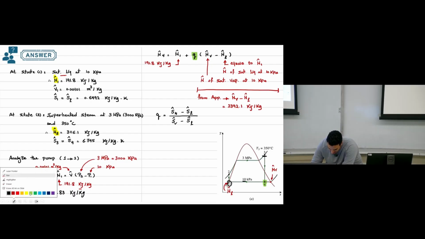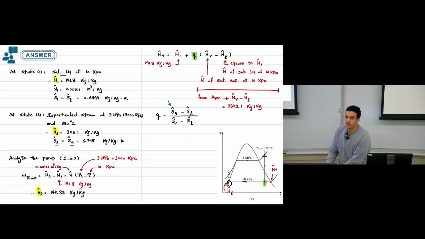Specific entropy of point number 4 is the same value as the specific entropy at point number 3. So this one is 6.745 kilojoule per kilogram Kelvin.